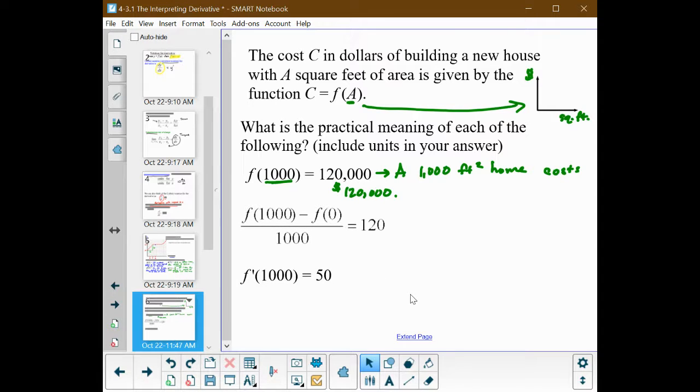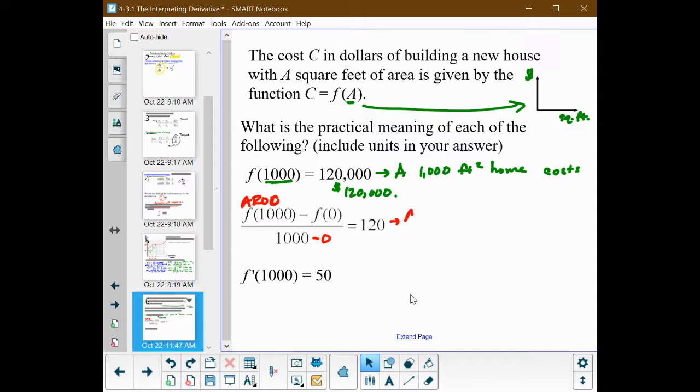Okay, let me change colors here just to keep these a little more clear. This next one really is taking the slope, or the average rate of change. I'm going to write AROC up here, the average rate of change, between 0 and 1,000. So f of 1,000 minus f of 0 over 1,000 minus 0, and that equals 120.